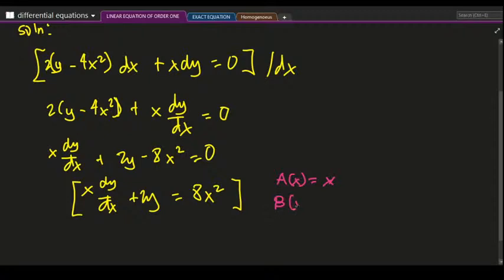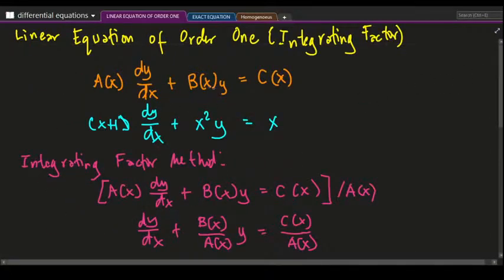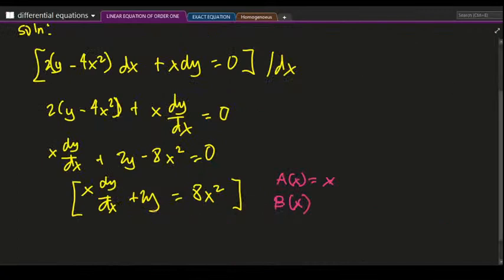Our b of x, going back to our standard form, is the function of x which is accompanied by y. So the function that is accompanied by y is our 2. So we could say that our b of x is 2, and our c of x, as we have shown a while ago, is 8x squared.